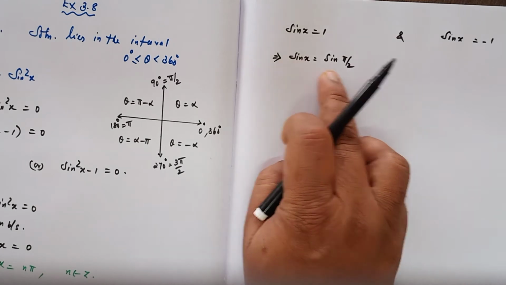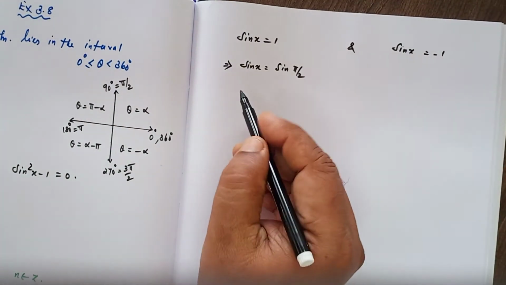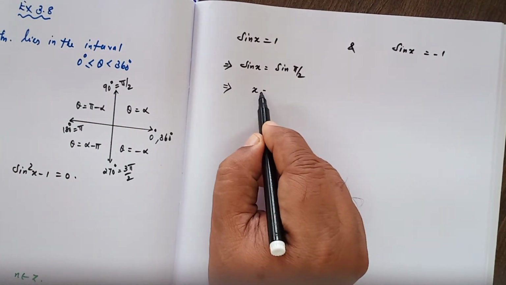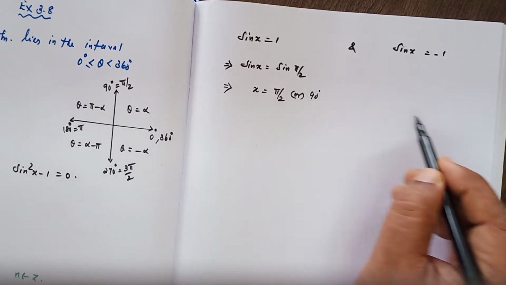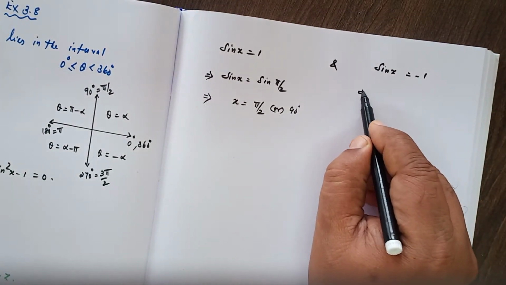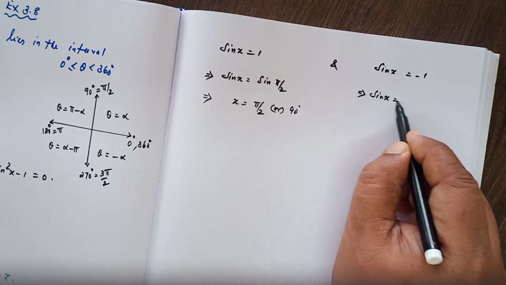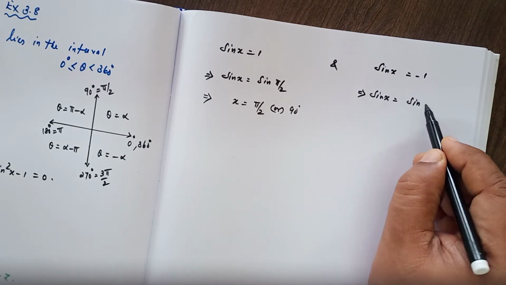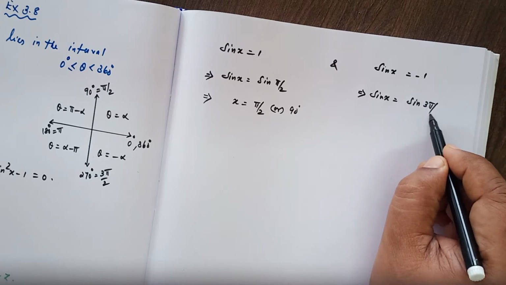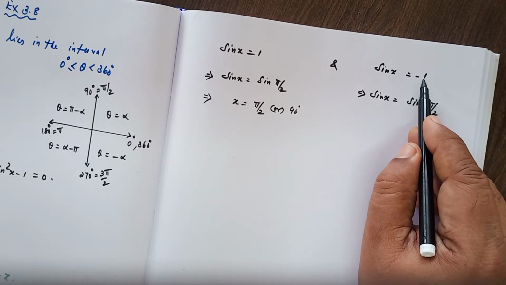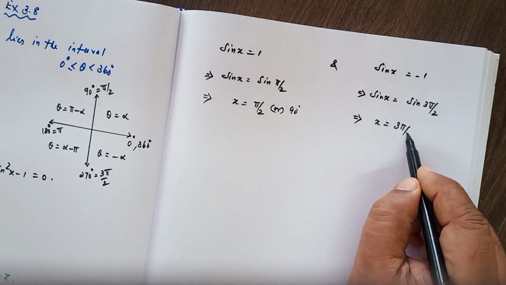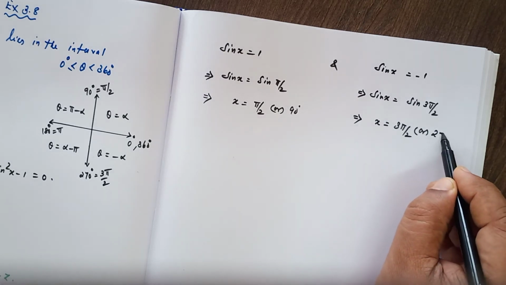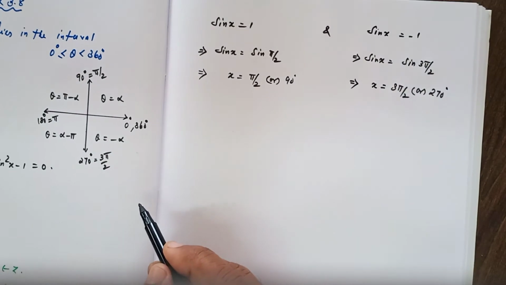So sin x is equal to sin pi by 2, which implies x is equal to pi by 2, or you can say 90 degrees. Here sin x is equal to minus 1, the minus 1 can be replaced by sin 3 pi by 2 because sin 270 is equal to minus 1, which implies x is equal to 3 pi by 2, or we can say that is 270 degrees. Finally, write the solution.